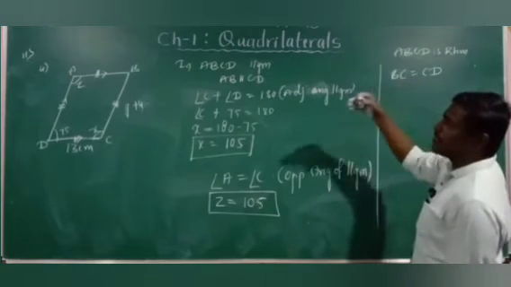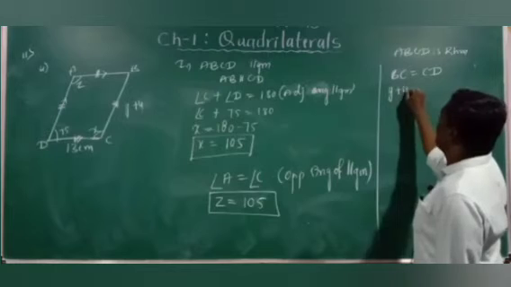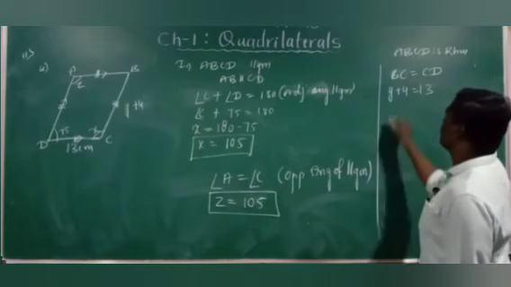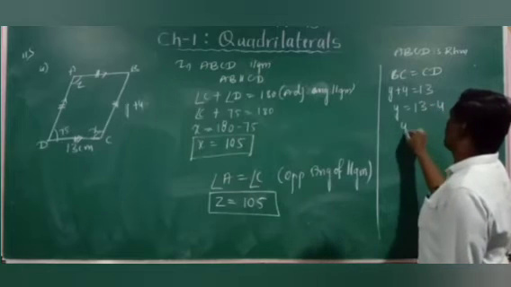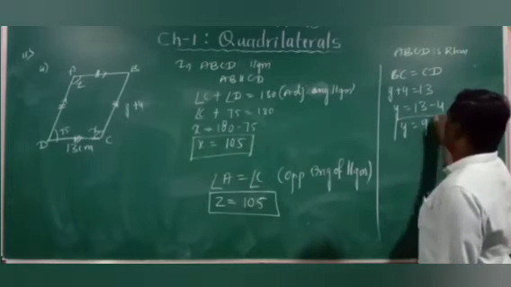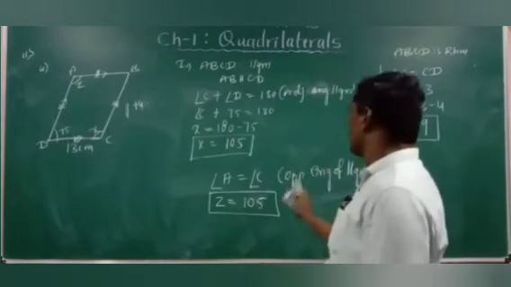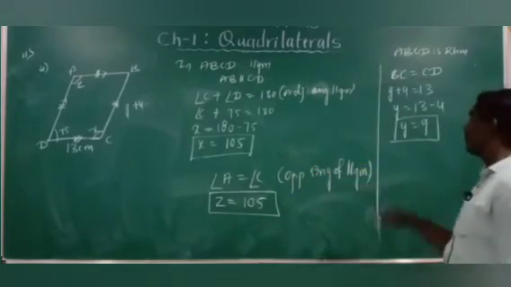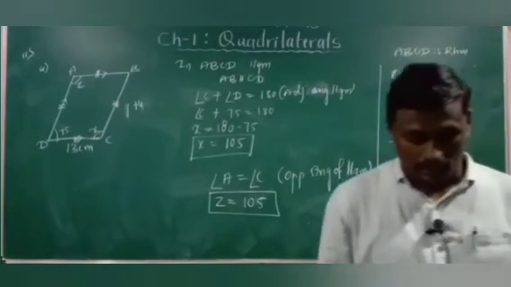Okay. So BC is what they are giving as the side, y plus 4 is equal to 13. Now y is equal to 13 minus 4, y is equal to 9. So these are the required values of x, y and z. X is equal to 105, y is equal to 9 and z is equal to 105.